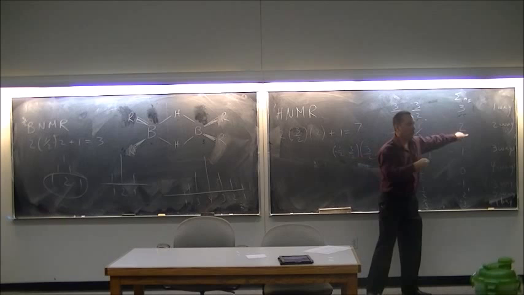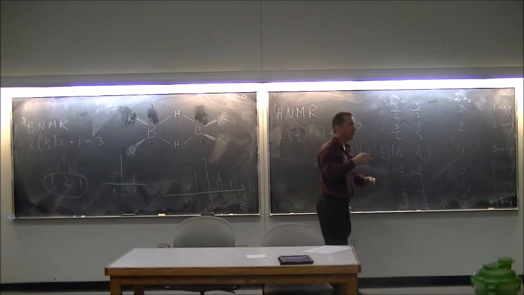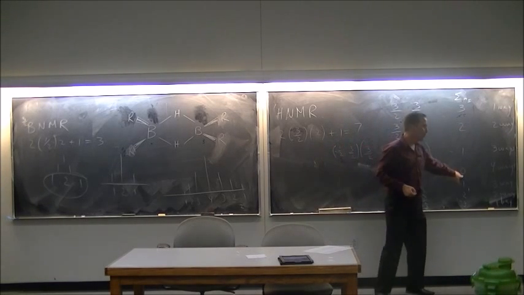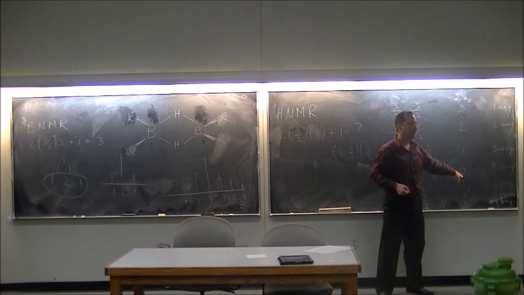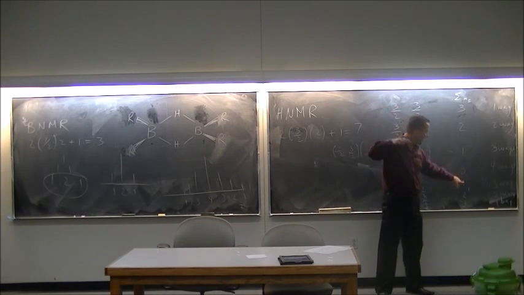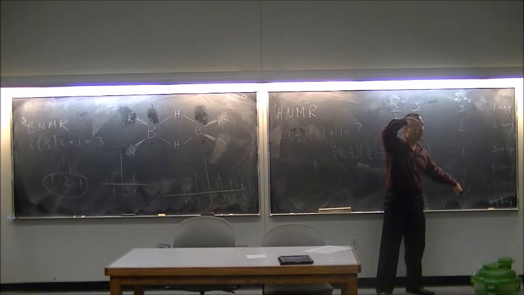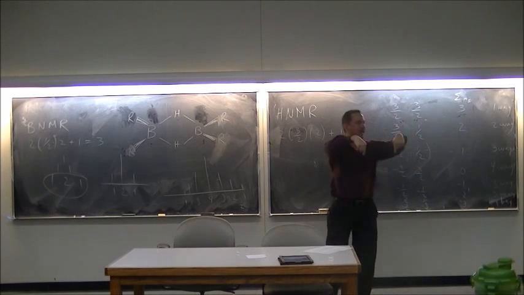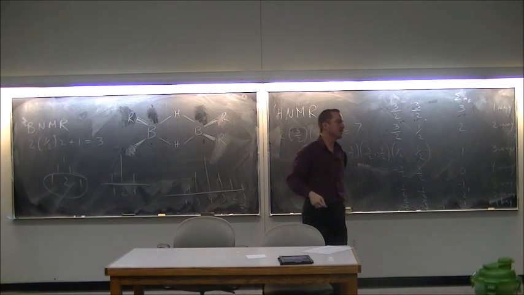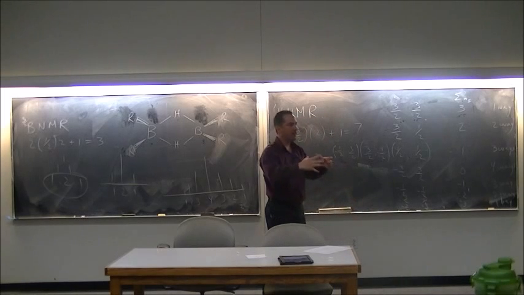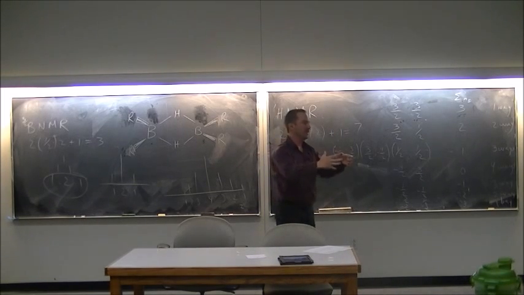And then you get to 0, in which they don't feel any field, just the field of the instrument. And then they start feeling less field because now the spins are pointing in the other direction. So it represents the total magnetic moment contribution from the spins.